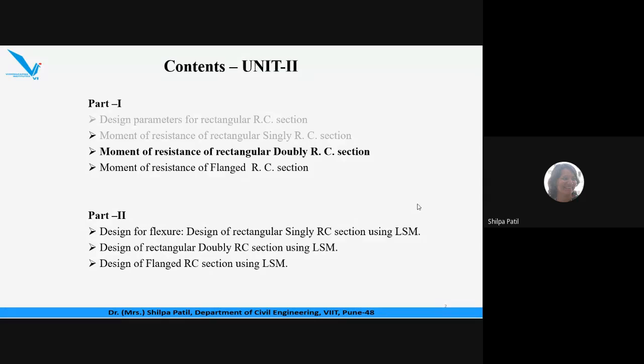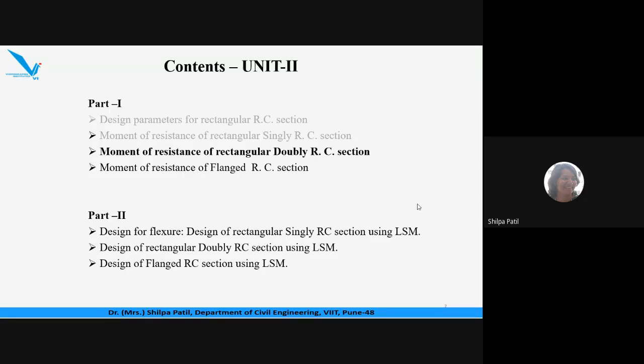We also discussed the additional assumptions made for the analysis, the basic concepts involved, and how to derive the various parameters: the depth of neutral axis, the moment of resistance, and the area of steel in the tension zone as well as in the compression zone.